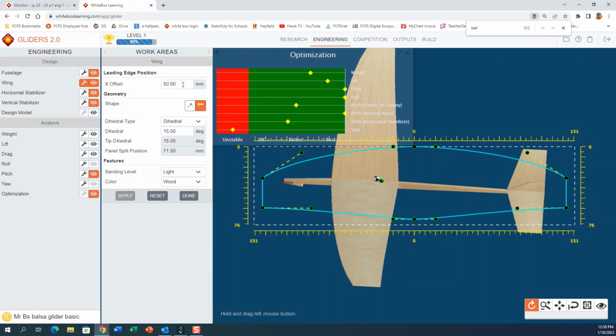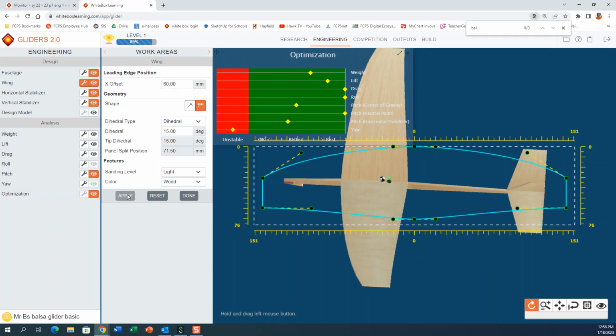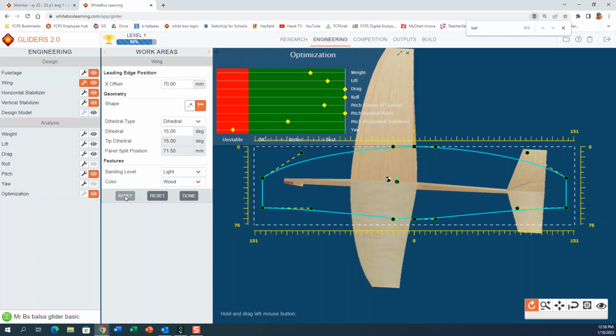So let's kind of sneak up on it here a little bit. 60. And I am probably going to stop here because we're not done making changes yet. All right, so pretty good. We got a pretty good score there. The wing has been moved back.